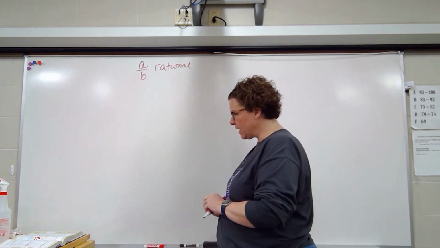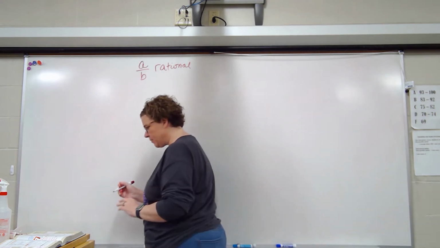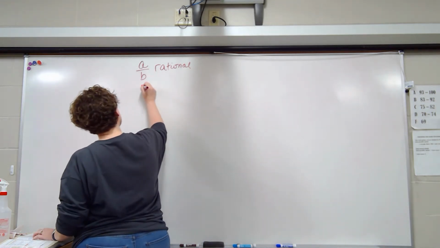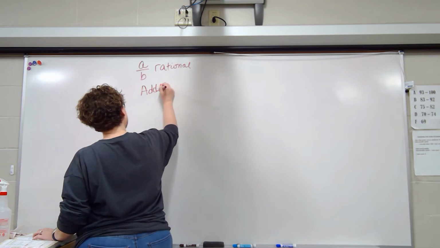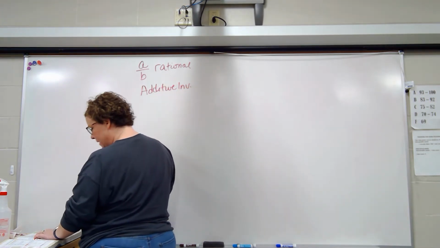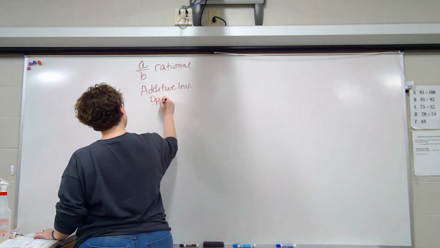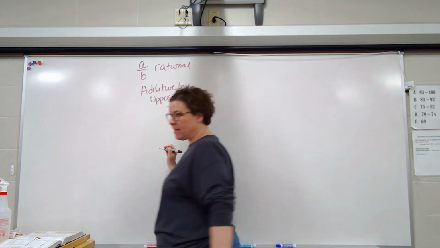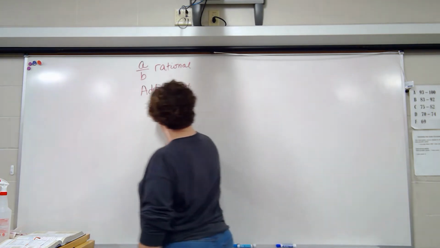But just a quick reminder, if we're talking about the additive inverse, the additive inverse, or its opposite, remember, is the number that when you add them together, they equal 0.